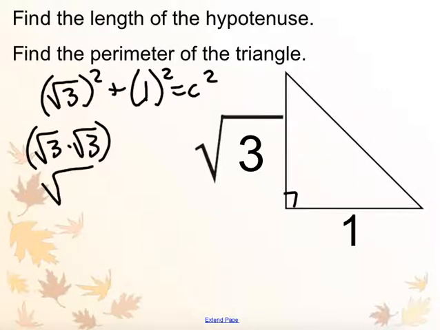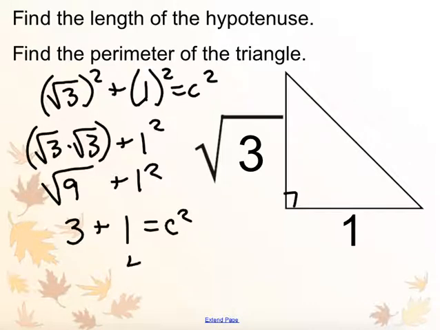Well, that's just the square root of 9, which is now just 3, plus 1 squared, which is just 1, equaling c squared. So I have 4 equals c squared. I take the square root, and the square root of 4 is just 2. So my hypotenuse is 2.